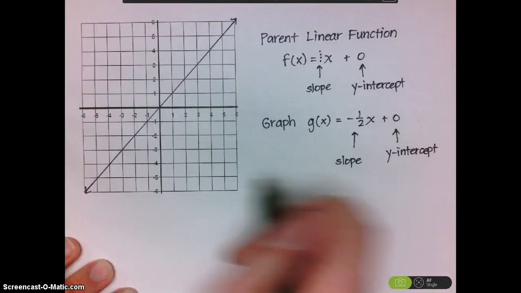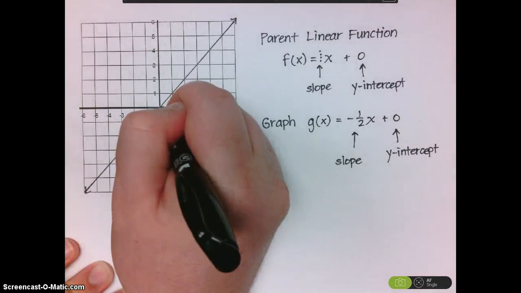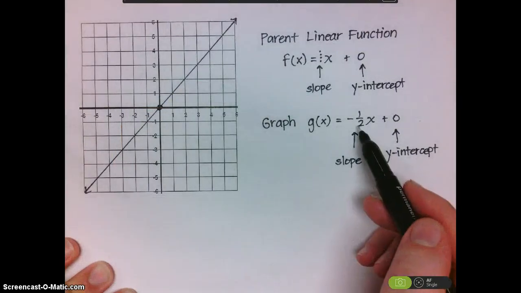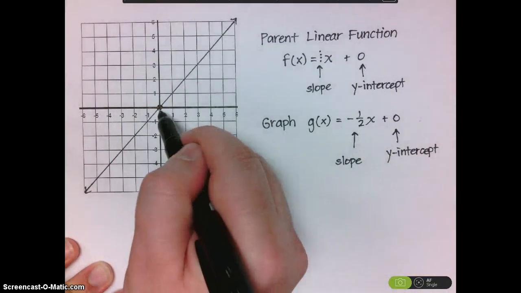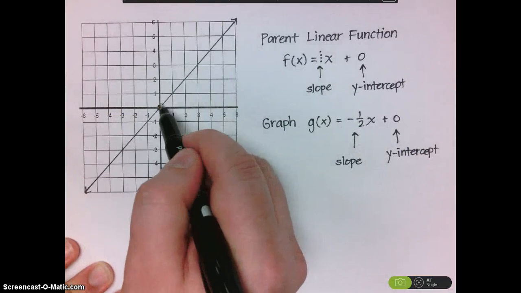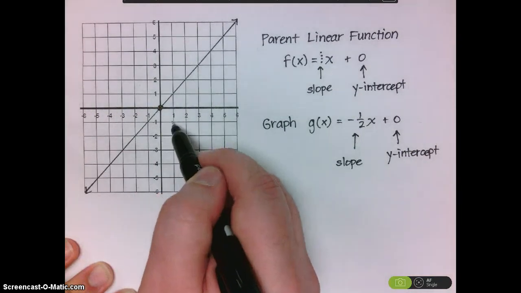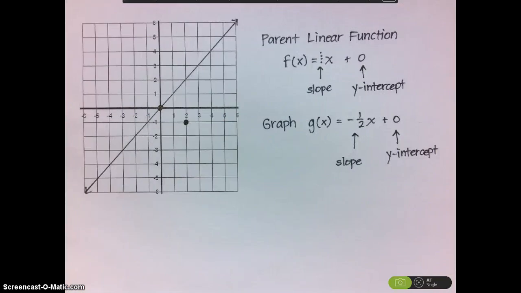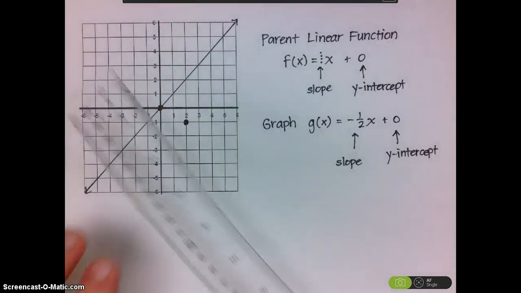So starting at the y-intercept, where it crosses at 0, I'm going to put my first point. And now if my slope is negative 1/2, that means I'm going to go down 1, and I'm going to go across 2. So my rise is negative 1, my run is positive 2.